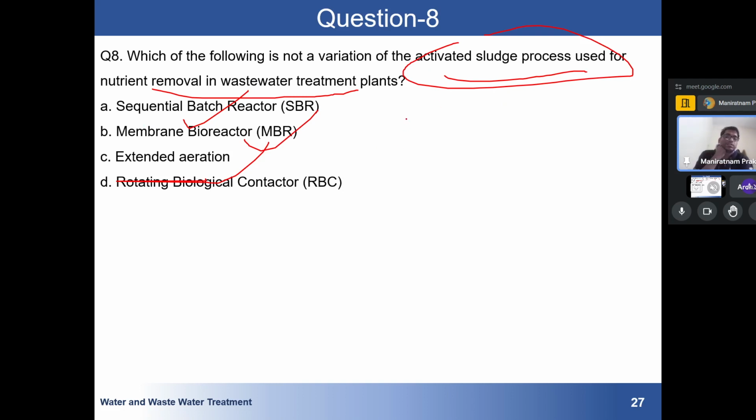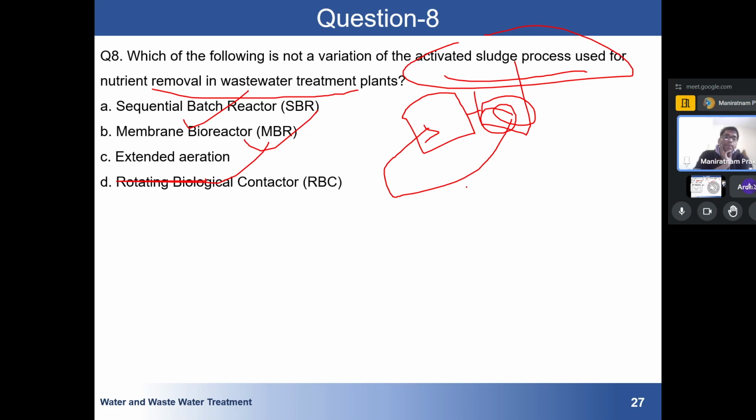Activated sludge means, this is kind of a reaction. So what will it contain? It will contain some kind of activated sludge. Activated sludge means high microbes. So I will introduce some microbes from here to here.